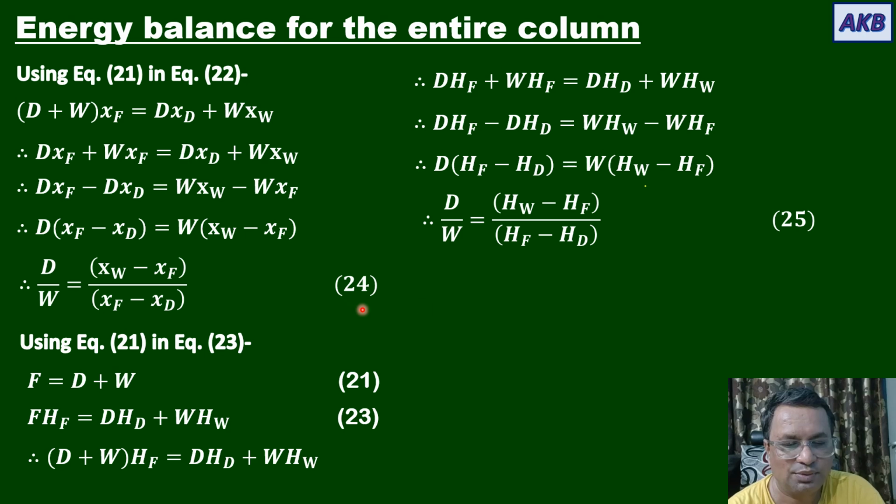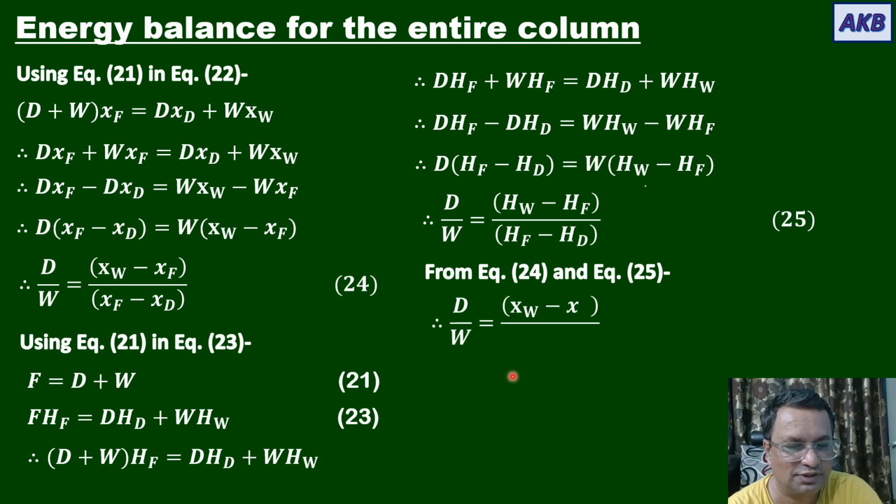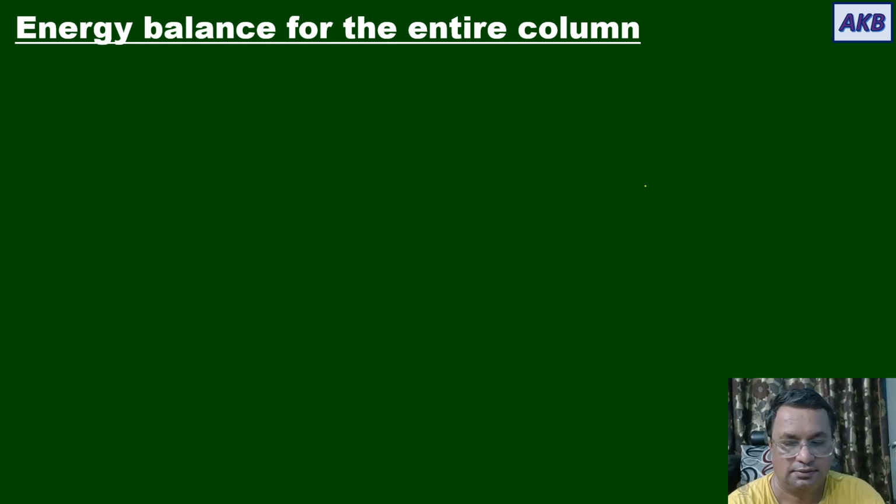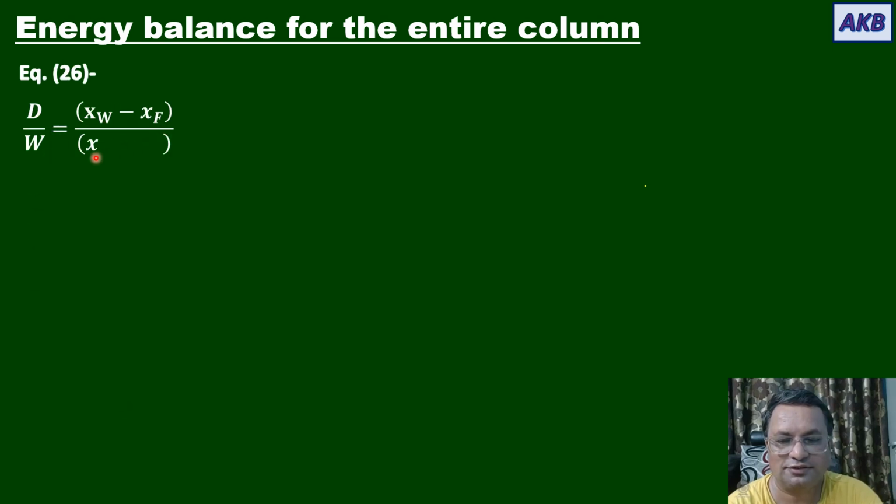Now we are going to compare equation 25 with equation 24, which has one term common, that is D upon W. From equations 24 and 25, we can write D by W is equal to (XW minus XF) upon (XF minus XD), which is equal to (HW minus HF) upon (HF minus HD), and I'm calling it equation 26.